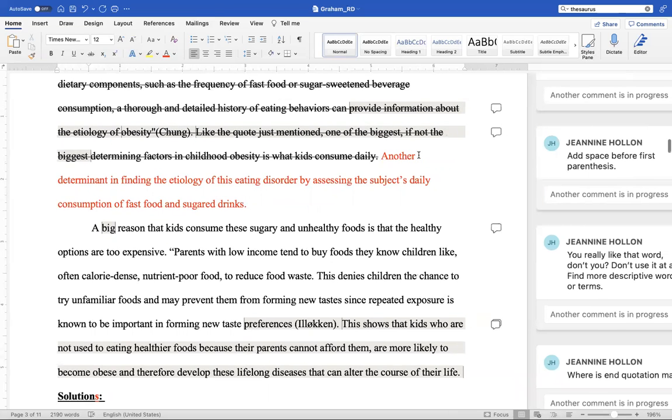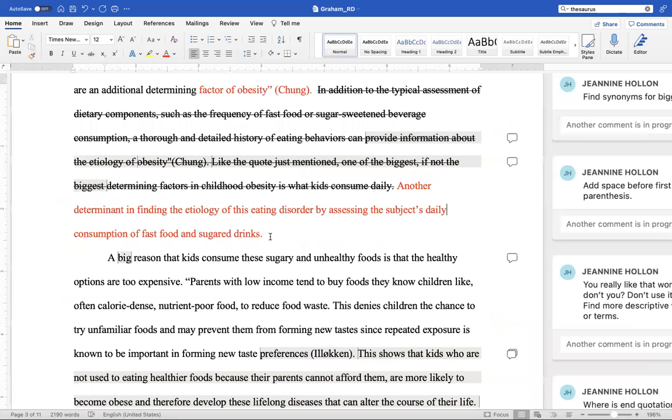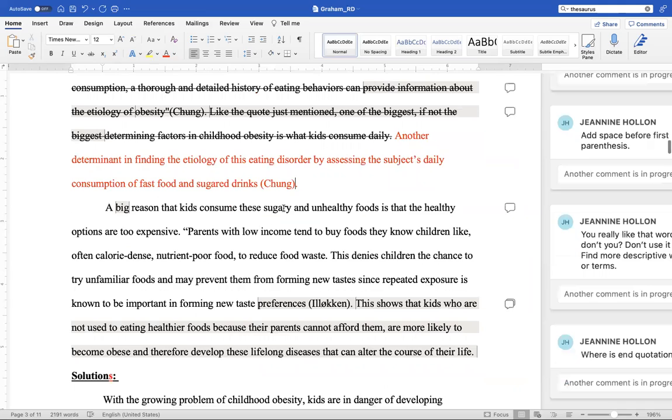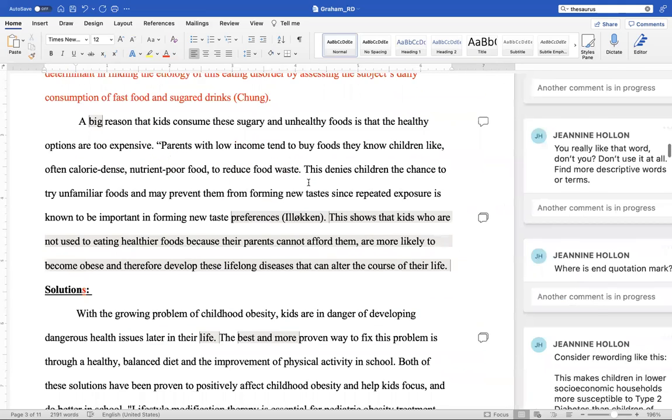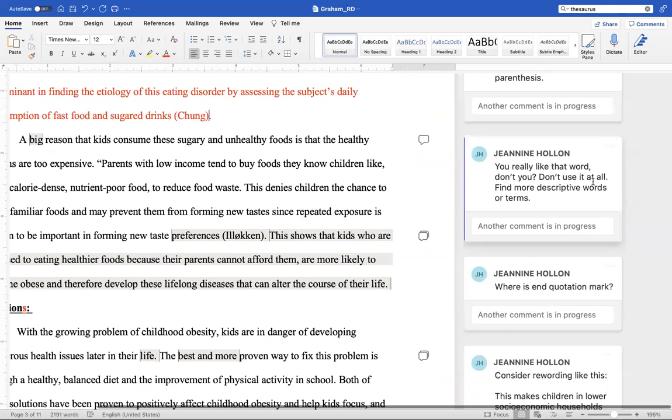Okay, and then that way you're paraphrasing. Actually, you might want to put Chung there too, because you actually did paraphrase that. All right, so then you go here.